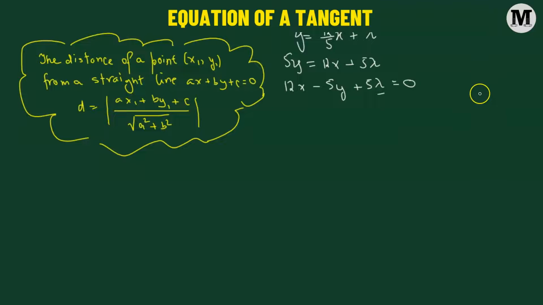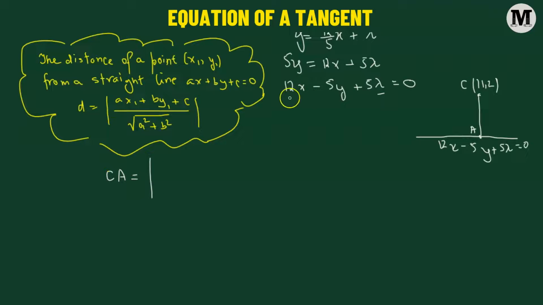Here the point is the center of the circle, 11 comma 2, and the tangent is 12x minus 5y plus 5 lambda equals 0. We find the distance from the center C to point A.